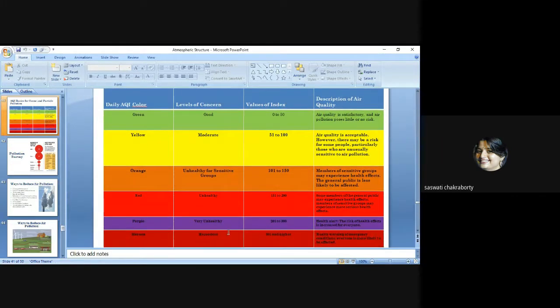Purple, very unhealthy, 201 to 300, health alert. The risk of health effects is increased for everyone. And maroon, this is hazardous, 301 and higher.